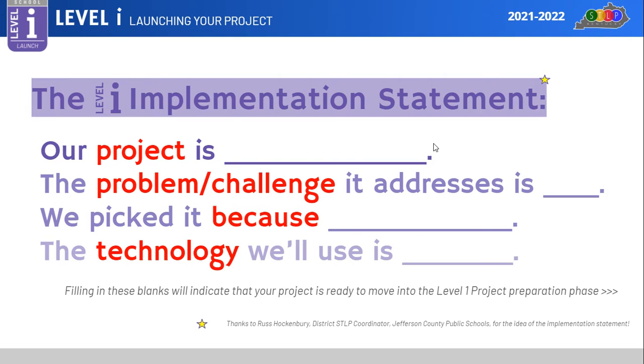And we picked it because we need to get our buses on time and everybody get home safely. The technology we'll use is MIT App Inventor or whatever they use to make the app. So if you can answer these questions, you're ready for the preparation part.